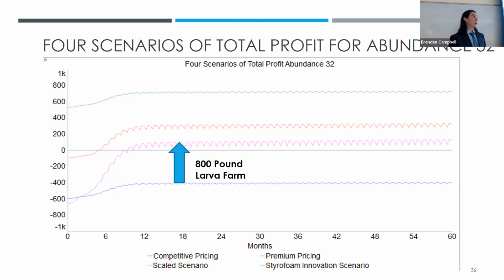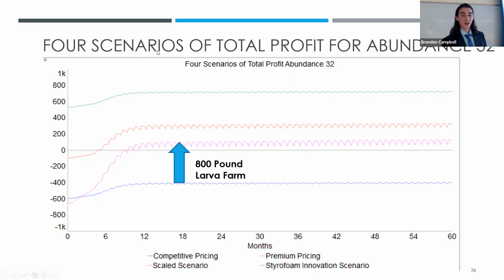All of the other pricing of the defatted mealworm powder, mealworm oil, frass, and styrofoam collection remained constant with the competitive pricing. Again, the profit falls within the range of $93 to $138, depending on how much is harvested per month. And while these are profitable, a profit of $100 a month is not interesting for a business.